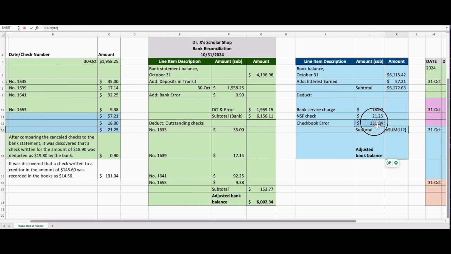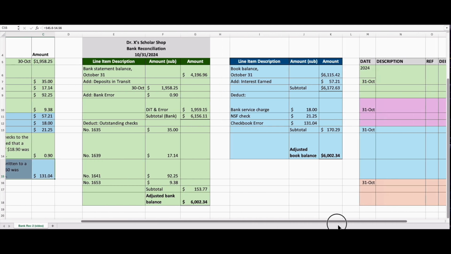We sum these up, and that gives us $170.29. Then we take the subtotal of our book balance minus the deductions, and that leaves us with $6,002.34. Highlight that, and we're all done with these because they balance.